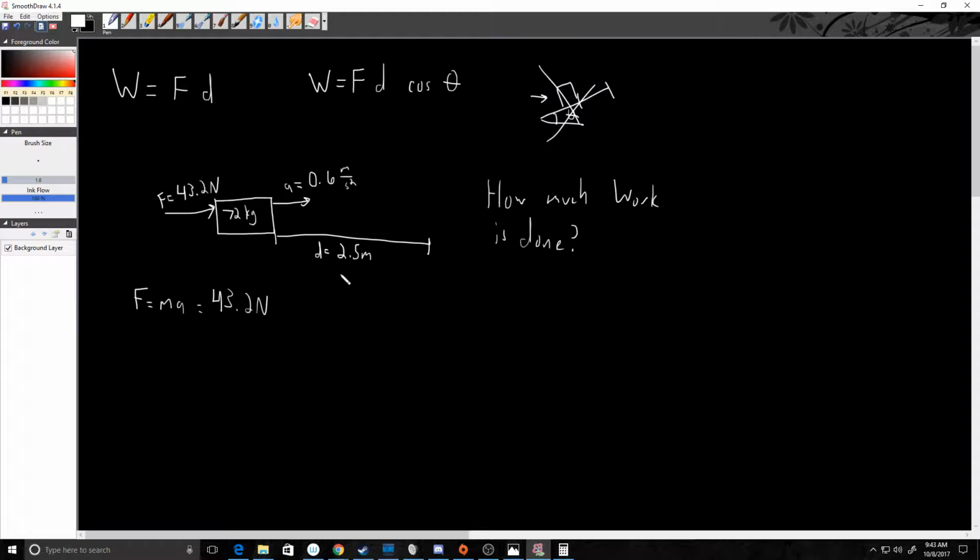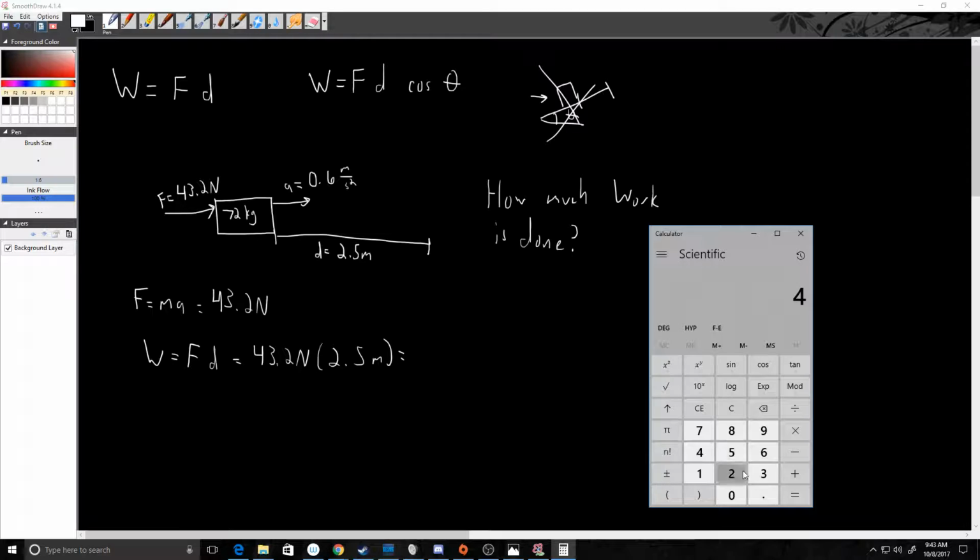So now I have force and I have distance. According to this base equation, I just need to take that force times the distance. The force we said was 43.2 newtons. Distance we said was 2.5 meters. 43.2 times 2.5.